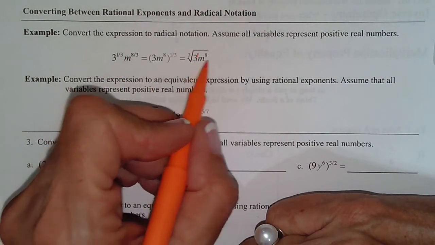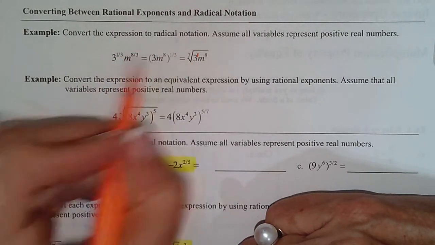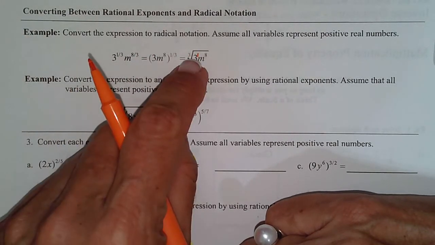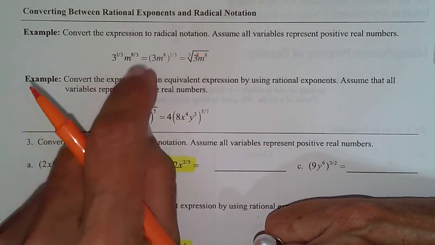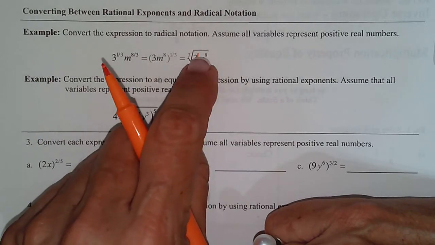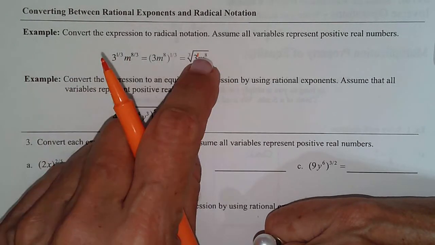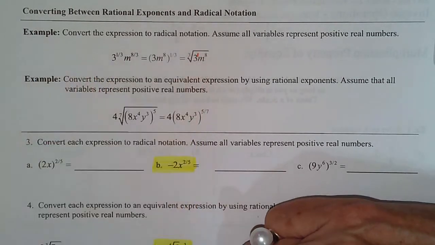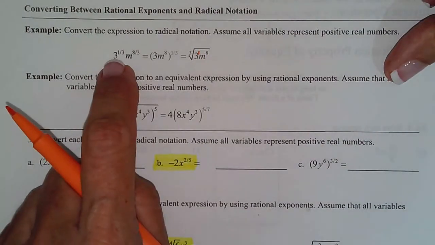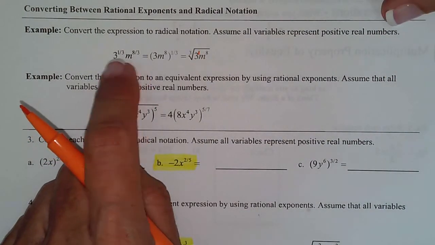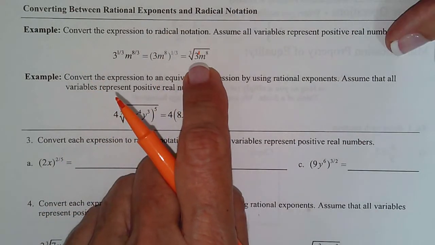I don't do that step, I just see those are the same, so I put them both under the 3rd root, and it's 3 to the 1st left over, m to the 8th, because remember the exponents come from the numerator of the fraction. The index comes from the denominator. So that's changing from rational exponents into radical notation.